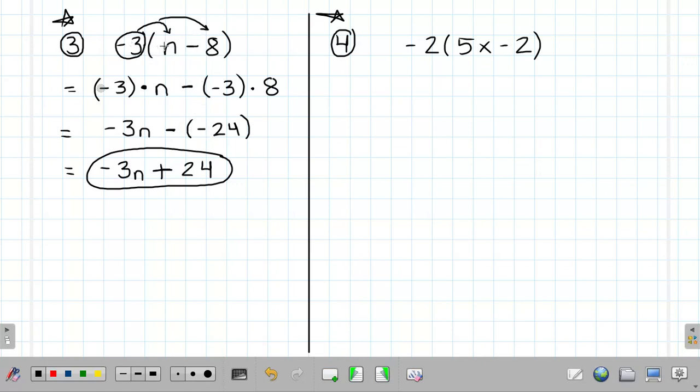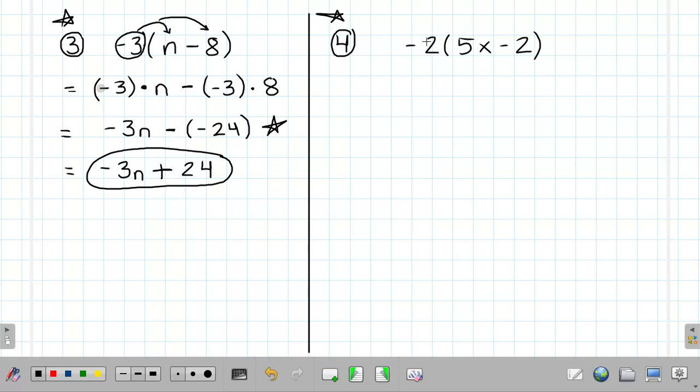Take each term, negative 3 times n, minus negative 3 times 8, and then actually do all the calculations to get the negatives and positives. And then the only thing you've got to worry about here is with this step right here, negative 3n minus negative 24. Well, minusing a negative is the same thing as adding a positive, okay?